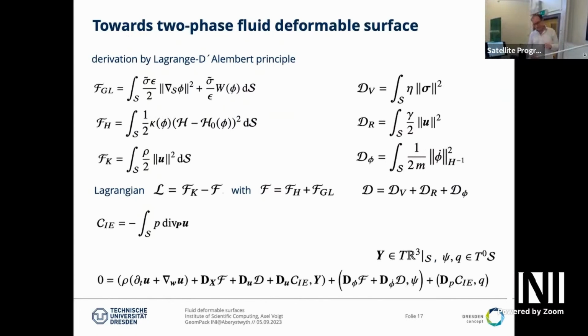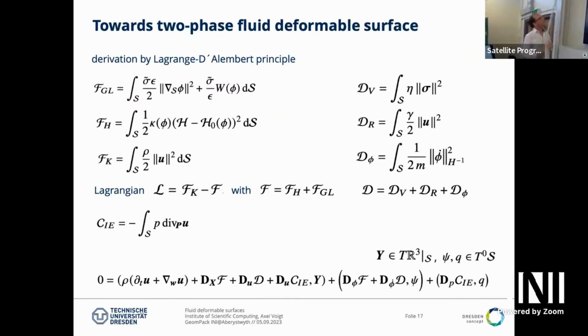So the question is now how to derive a system of equations where the shape evolves, we have flow on the surface, and we have different phases on the surface which also evolve in time. So there are different energy dissipation mechanisms which intertwine.